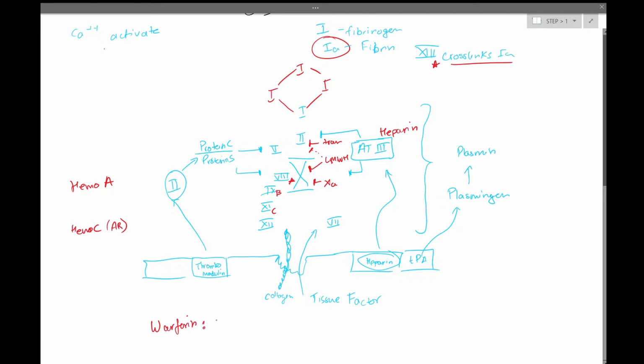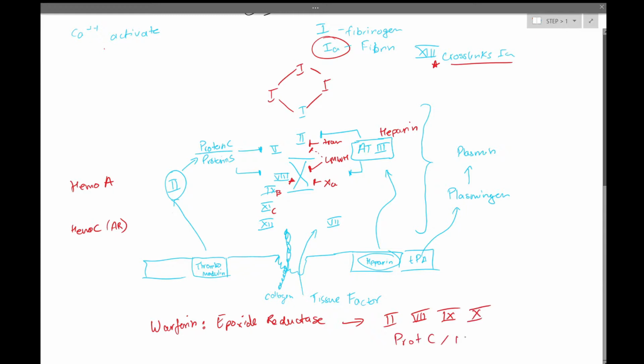First of all, it works by stopping the epoxide reductase enzyme, which is important in activating vitamin K in the liver. So this is going to then cause a deficiency of factors 2, factor 7, factor 9, and factor 10.